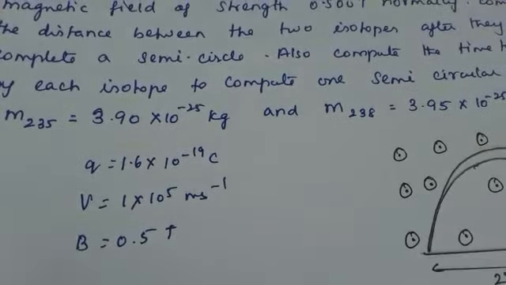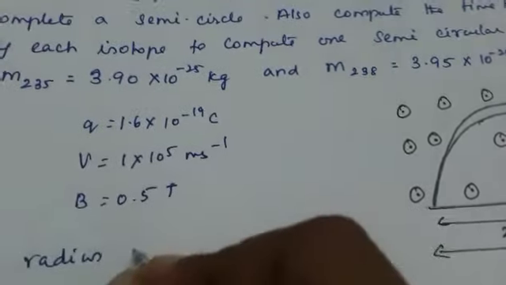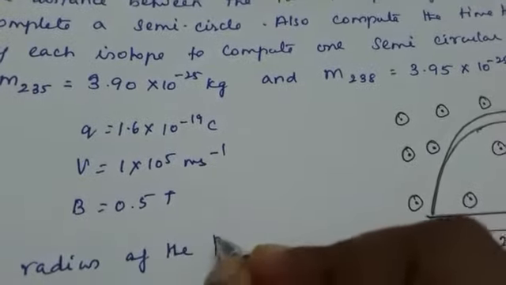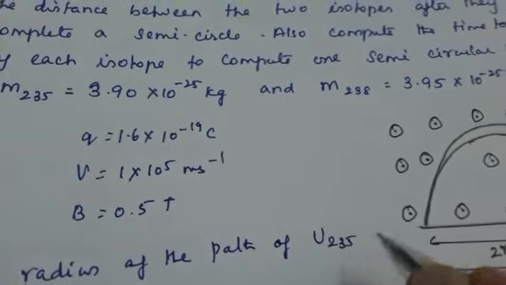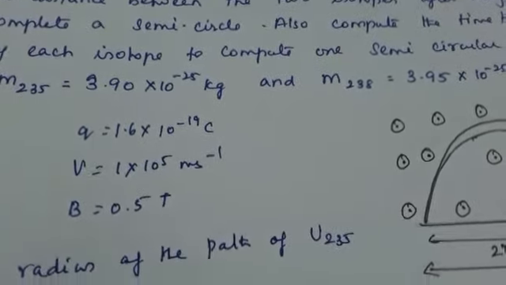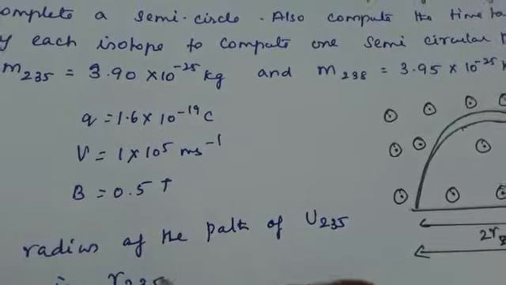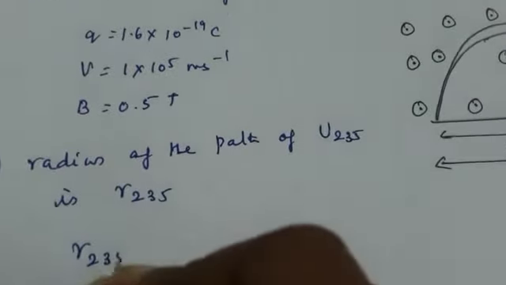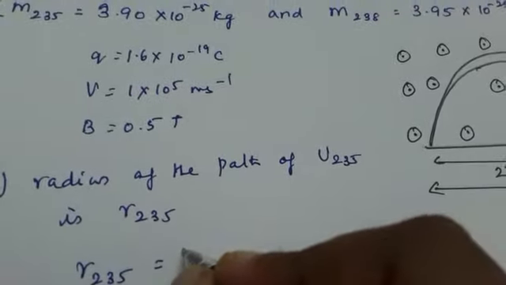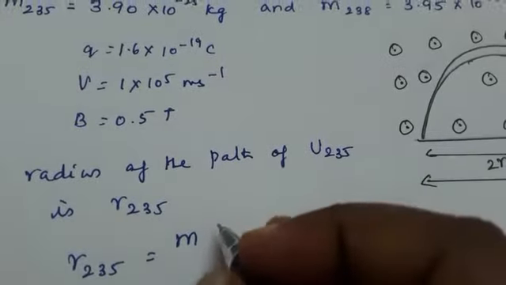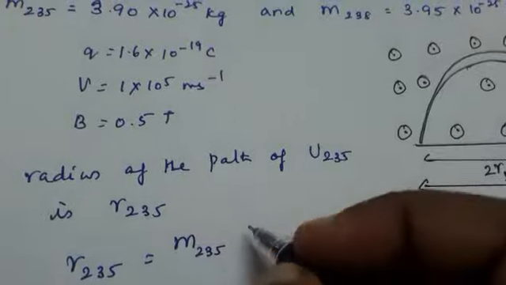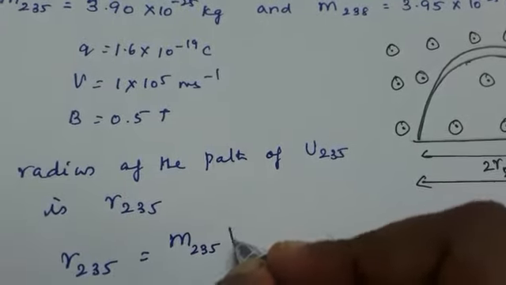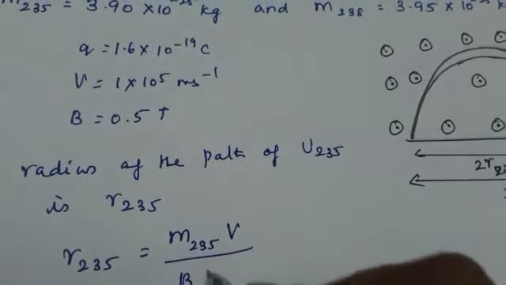The radius of the path of uranium-235, we are taking as R235. So R235 is equal to mv by qB, that is mass of 235 into velocity by B into q.